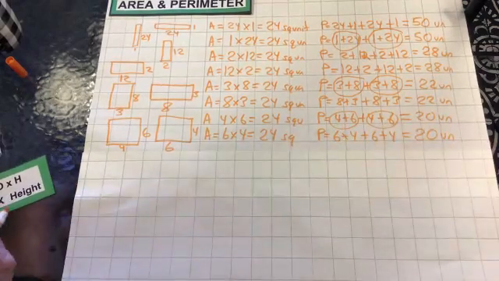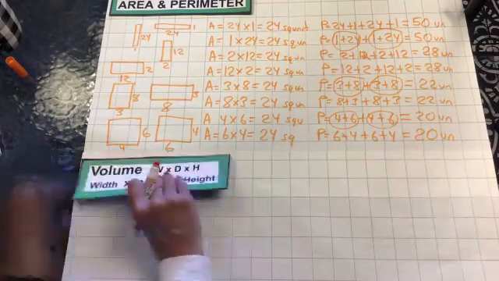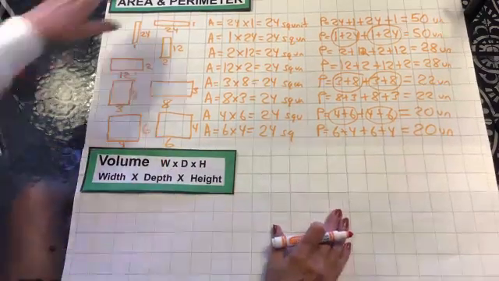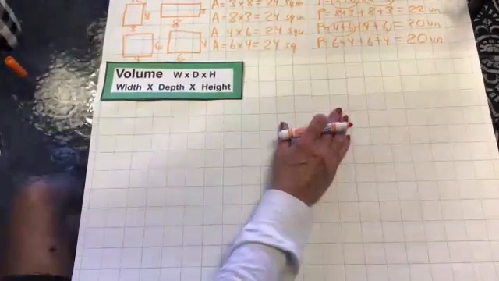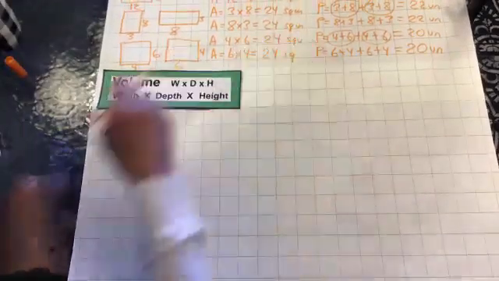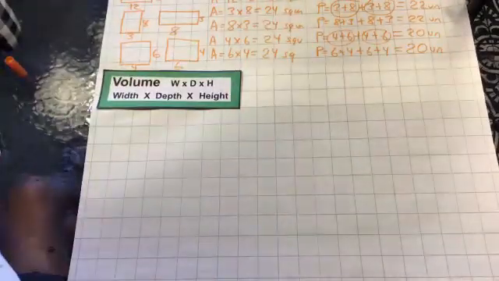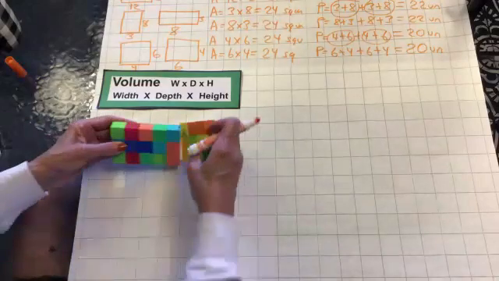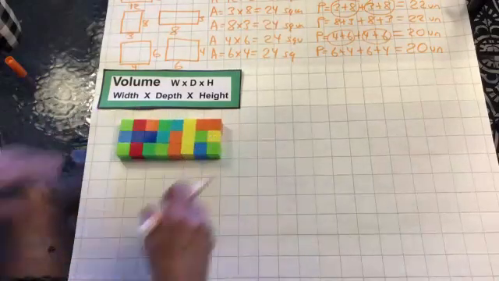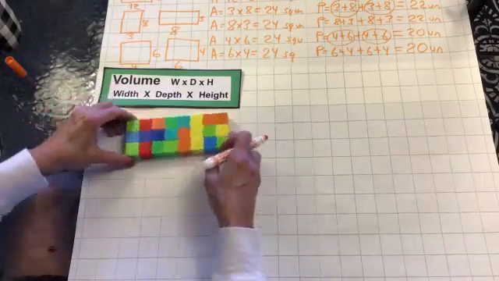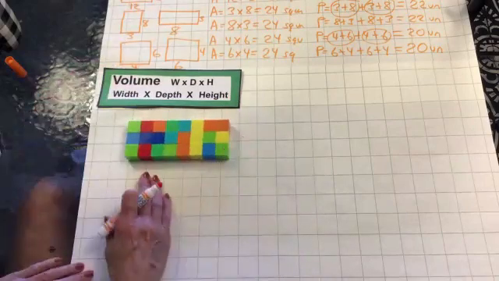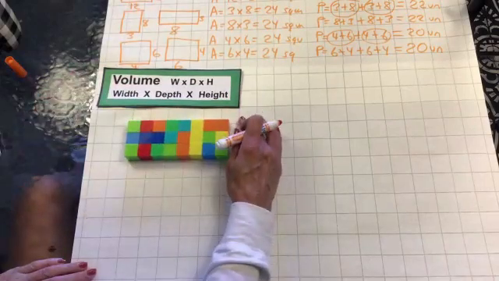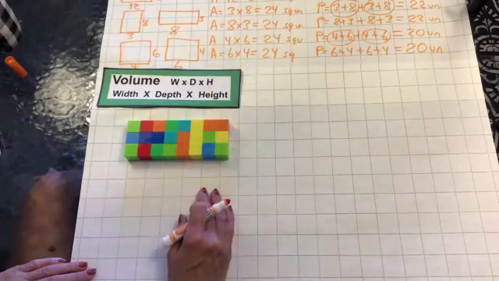All right. Last but not least, volume. So let me move this paper up. Hopefully you can still see if you're copying. So here's my 24. This right here is an 8 by 3 by 1 tall.